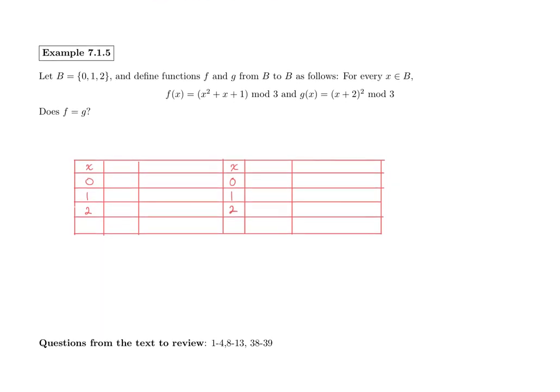In this case, we have a smaller domain. Now we have a domain B of just 0, 1, and 2. I know I have an extra line in the table. I just copied the one from before and pasted it, so you can just pretend it's not there.